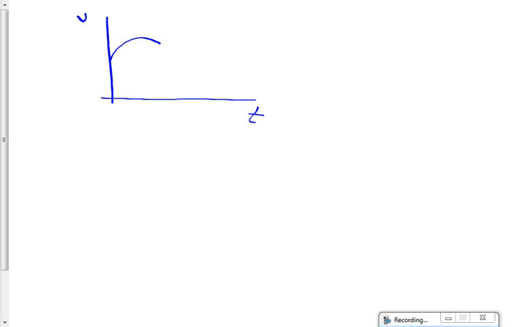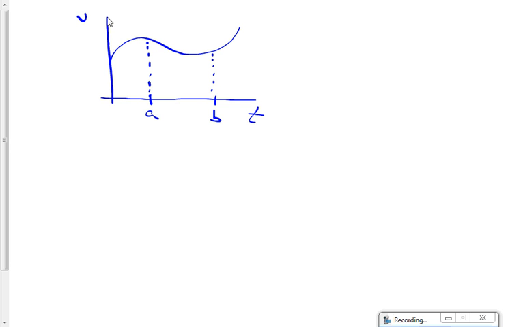Let's say I have a velocity curve over time that looks like that, and I want to find the displacement between A and B. And again, like a lot of the examples last week, I'm going with a curve that's above the axis, just so you know. It works when it's below the axis too, and we'll talk about that in a minute.